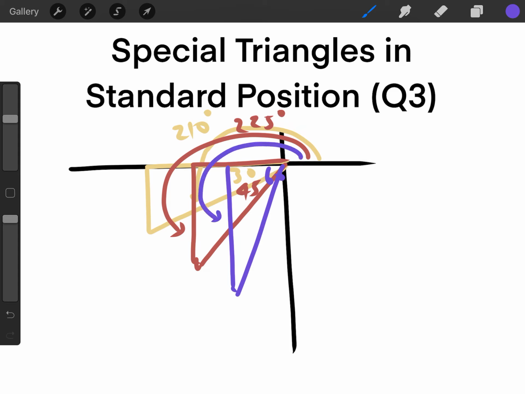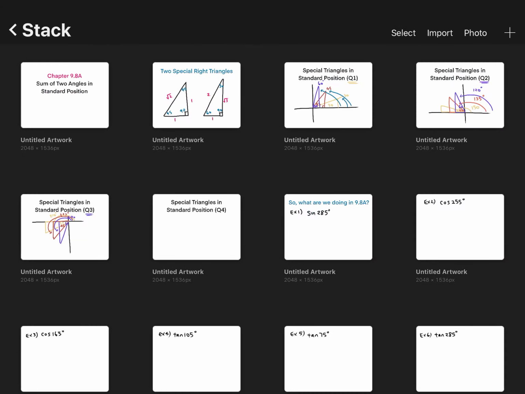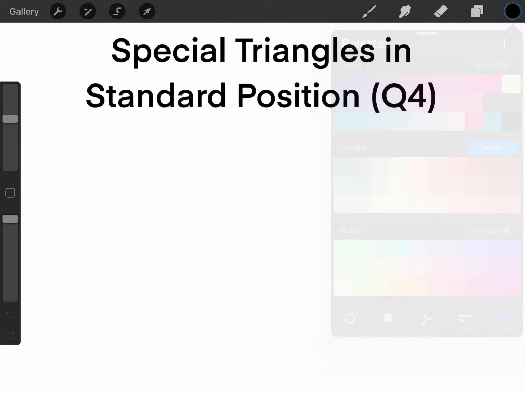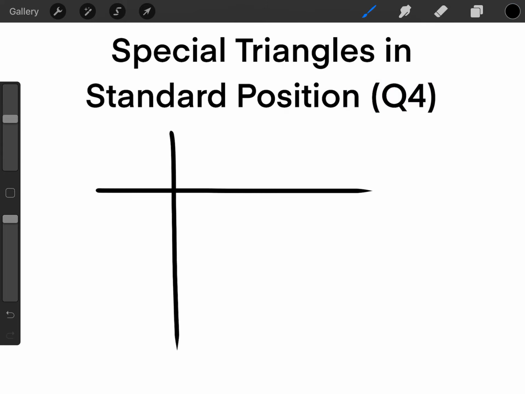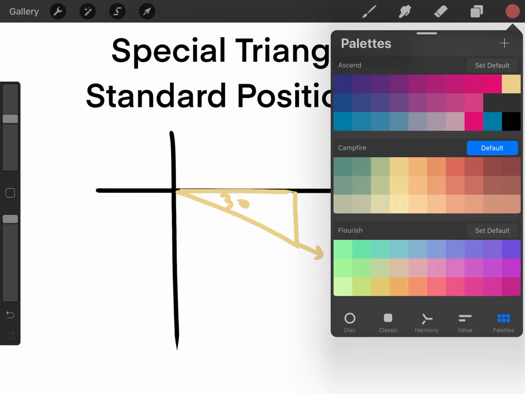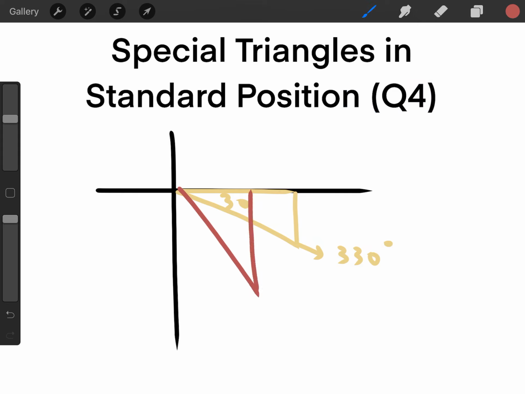For the 45, 45, 90, this is 180 plus 45, so this is 225 degrees. If it's the 60, 30, 90, that's 60 plus 180, which is 240. This is strictly in quadrant 3.